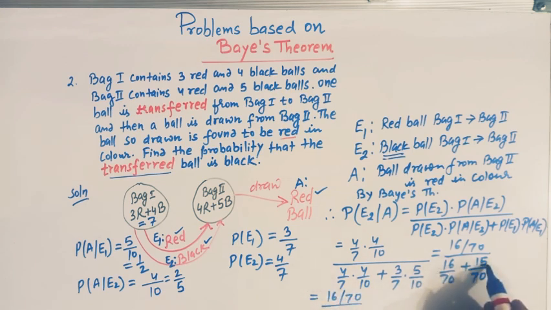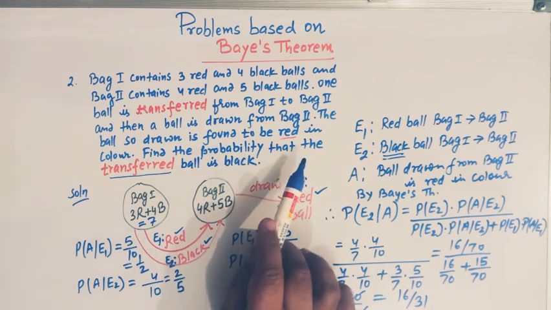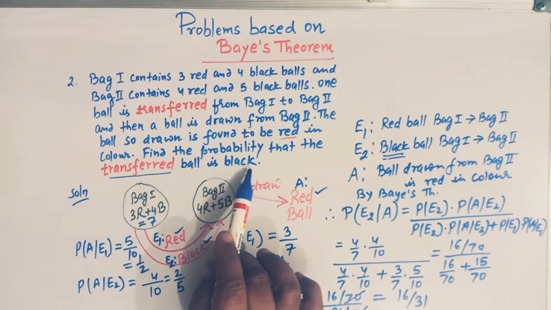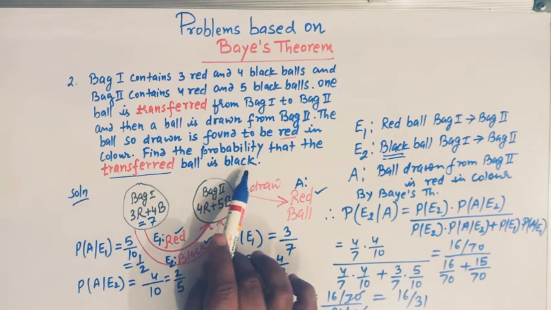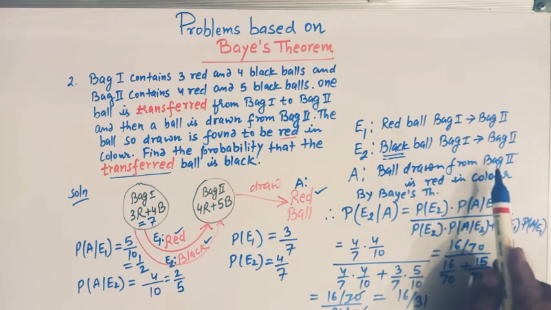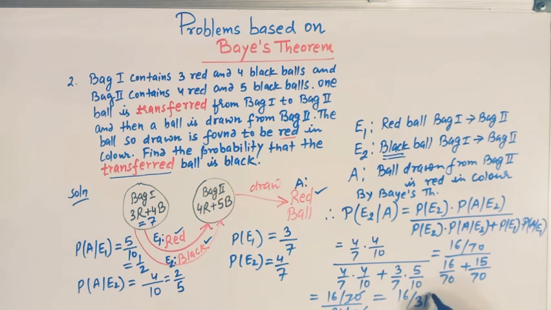This is 16 plus 15, that is 31 divided by 70, and 70 and 70 get cancelled, so we have 16 over 31, right? So the probability that the transferred ball is black, when the ball drawn from bag 2 is red in color, is 16 over 31.